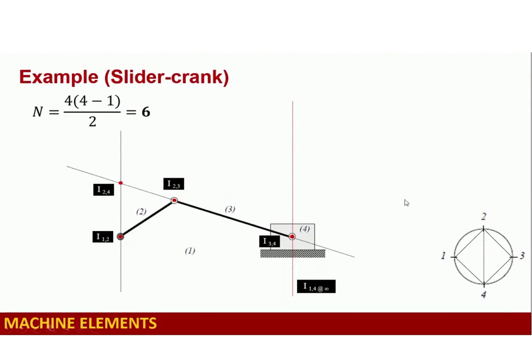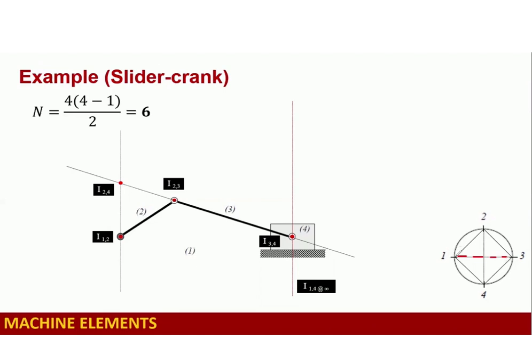So let's go back to our IC circle. As you can see, we can connect 1 and 3. Thus, the sides of the triangles formed between these instantaneous centers are instantaneous center 1, 2, 2, 3, and 1, 4, 3, 4.